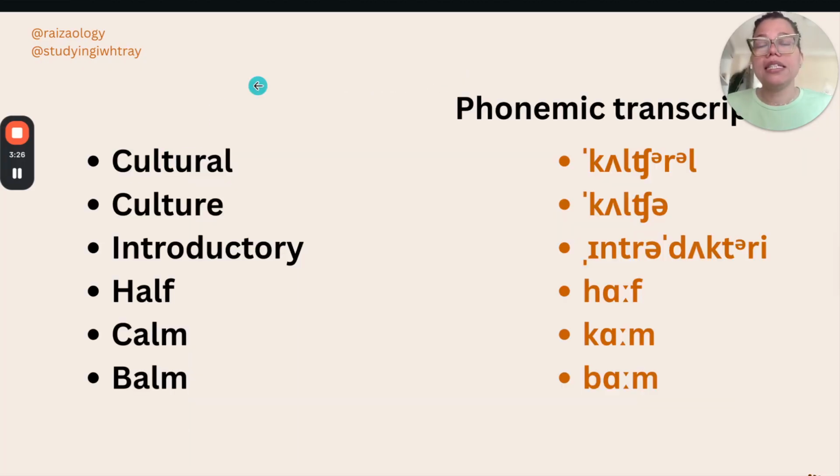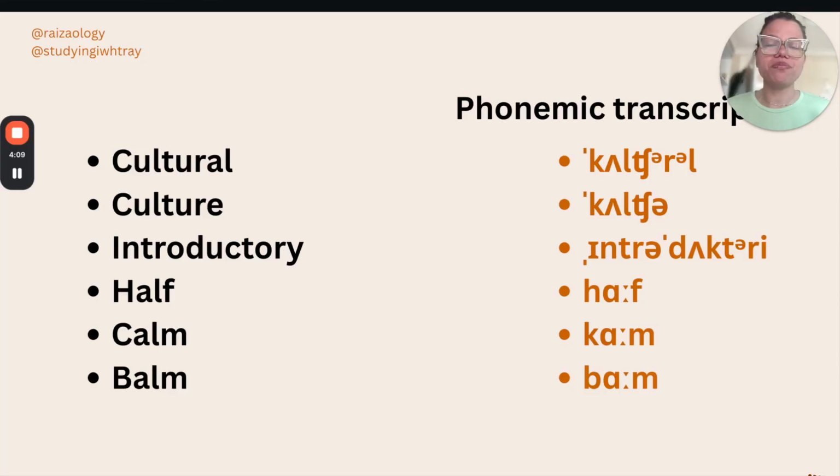So the first one that my student had questions about this week was cultural and culture. I don't know if you watching me is Brazilian, but we Brazilians, we have lots of issues with words that have U or O in the spelling. And the reason being, we learn how to read first, whereas here in the UK, kids usually learn the sounds first.